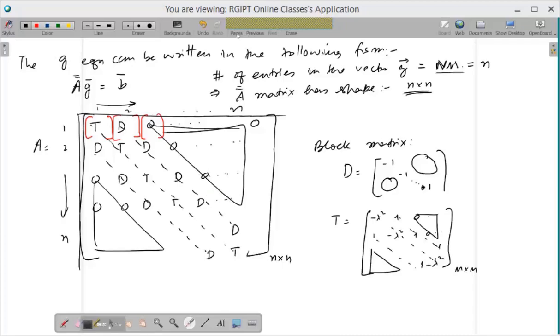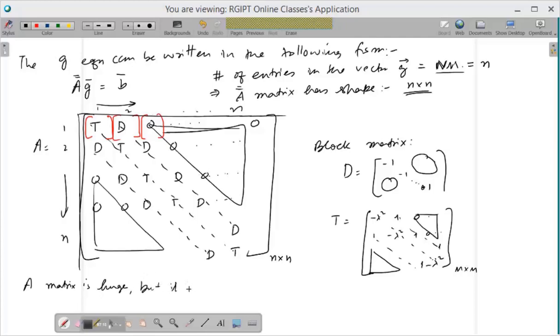So the point to note here is that A matrix is huge. Even by 10 gridding, it goes to 100 by 100, that is 10,000 entries in A. Okay, but most of them are zeros.